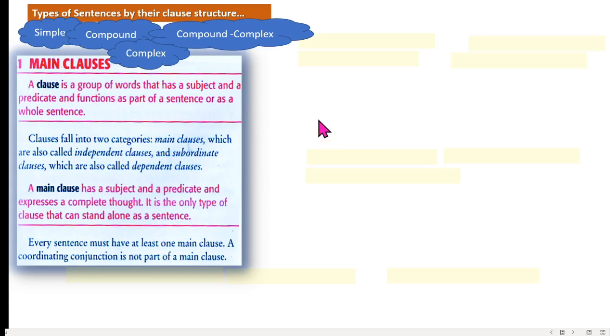A simple sentence, Lori walked the dog, is a clause. It does not contain more than one clause. But you can have a long simple sentence.